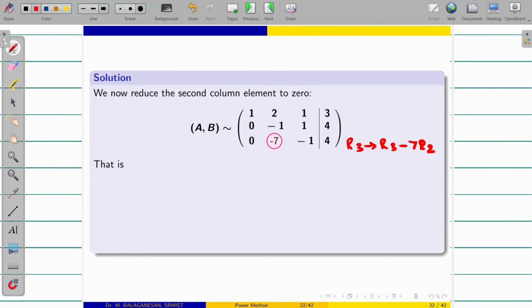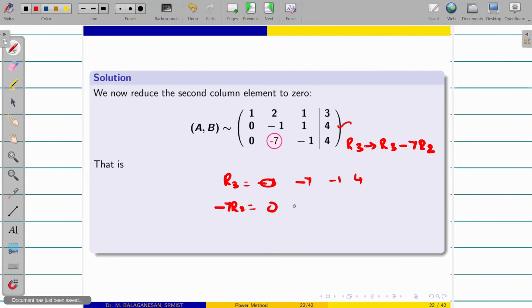Previously in the first step we solved for R1. Second step it will be R2. Now what is our R3? R3 is 0, minus 7, minus 1, 4. Minus 7 into R2 is, so multiply this by minus 7, this value.